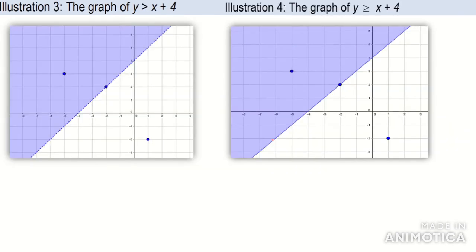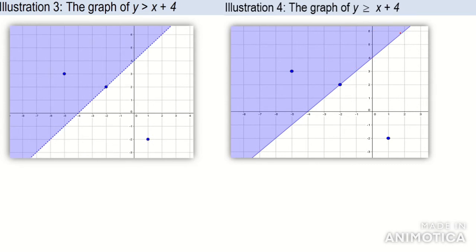So, we'll have now the graph of y is greater than x plus 4 and y is greater than or equal to x plus 4. Notice that we have the same boundary lines, but we only differ with the shaded region. As you can observe, the shaded region for the inequality greater than can be found on the upper part of the boundary line. Same is true with y is greater than or equal to x plus 4.